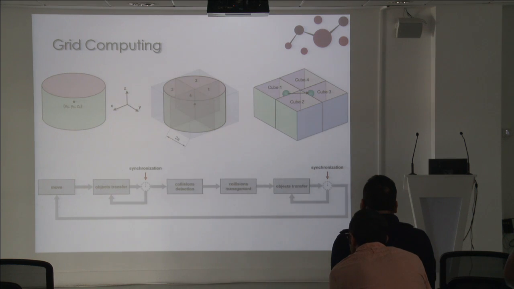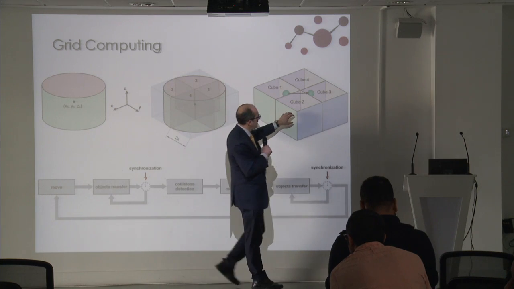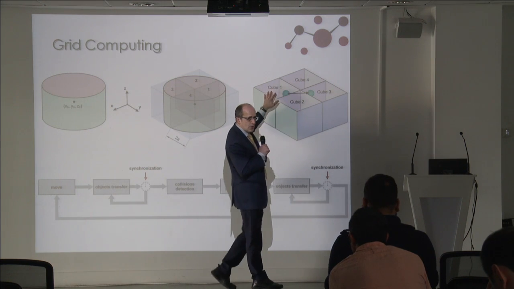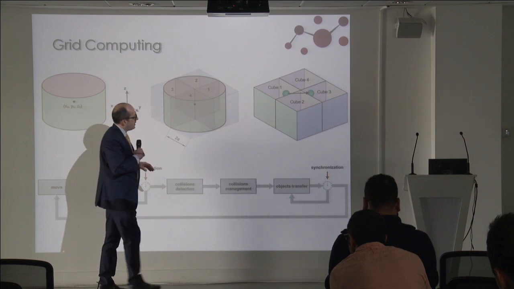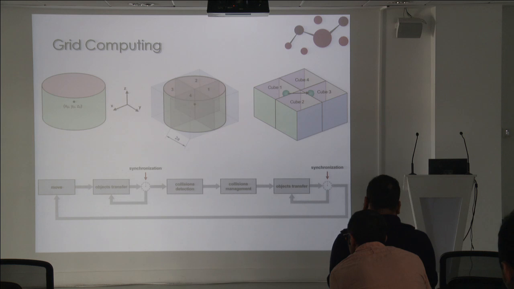But we did not obtain very good results, because in this case the objects reside in different Java virtual machines. They cannot easily access the references to objects in other machines.